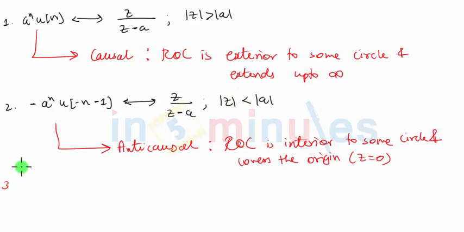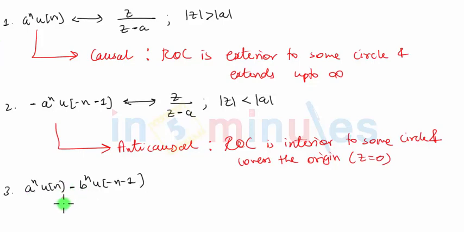And very interestingly, when we took the third signal, which was the combination of the two, a raised to n u of n minus b raised to n u of minus n minus 1, the first part of the signal starts from n equal to 0, and the second part starts from n equal to minus 1, and that's how the overall signal covers positive as well as negative values of n.